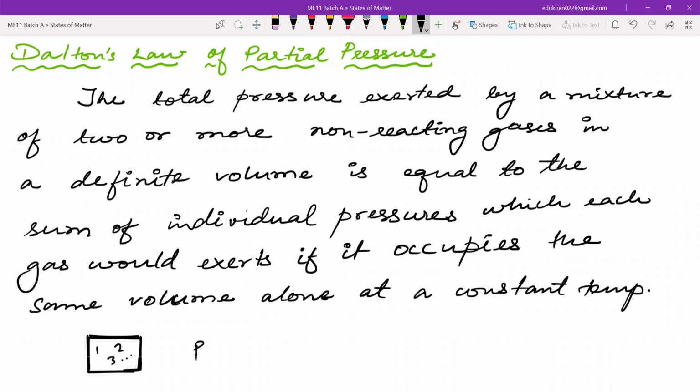So the total pressure in this particular container, P total, will be equal to P1 plus P2 plus P3 plus, and so on. So this is the conceptual meaning of the whole statement. Otherwise, whenever you are going for the examination, ye line padh ke jaiye. If you write big, CBSE will give you marks.